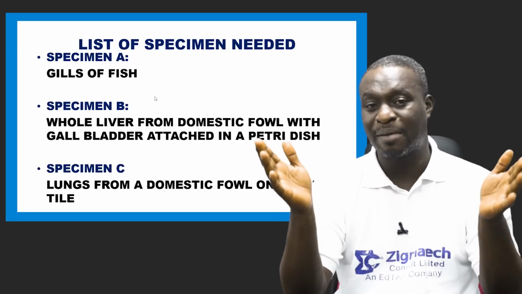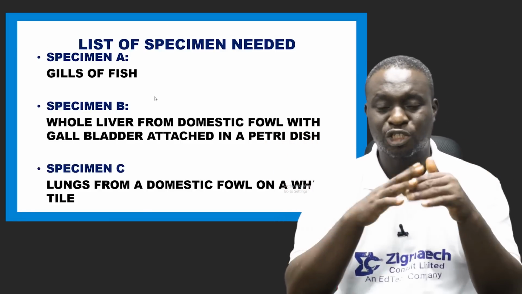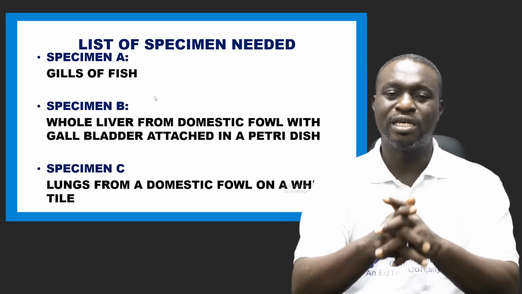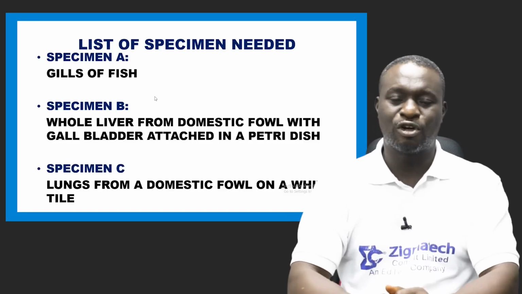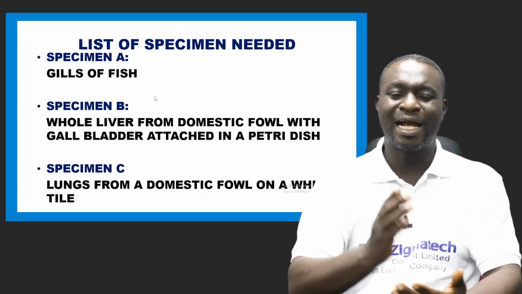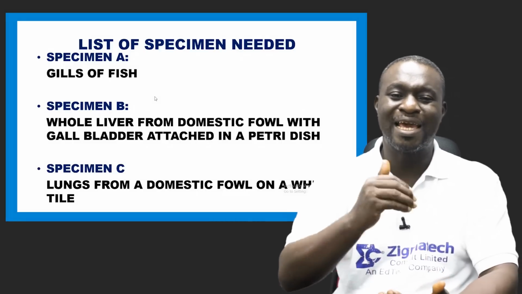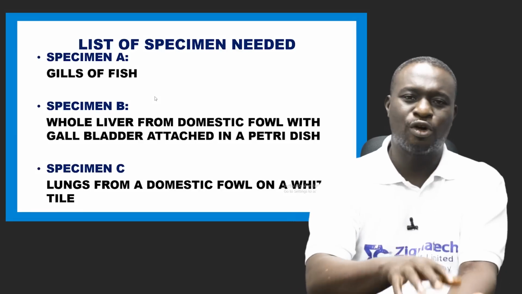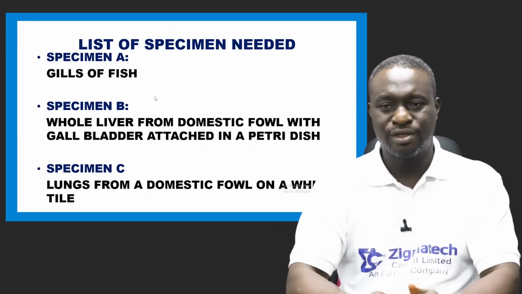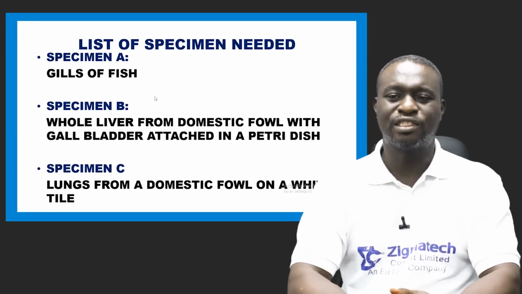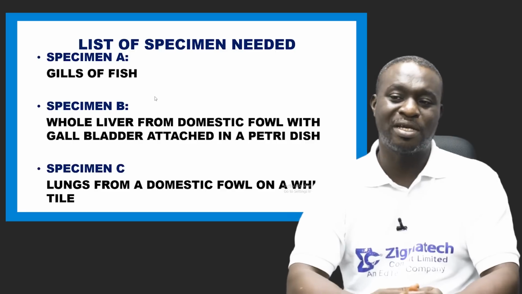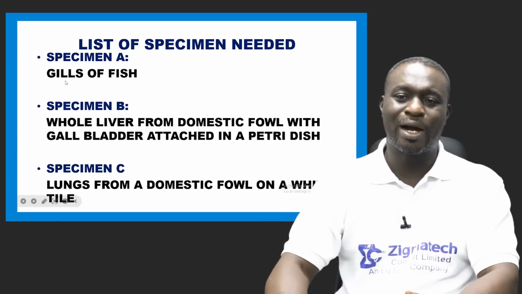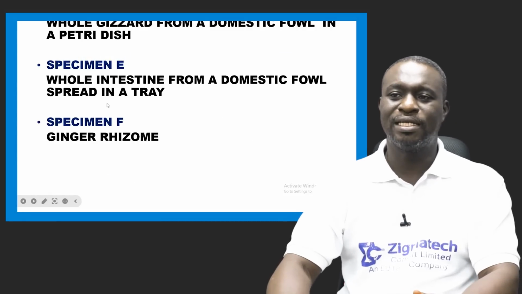It's not the gills of tilapia or mackerel or any other kind of fish, just the gills of a fish. Specimen B is a whole liver from a domestic fowl with the gallbladder attached, in a petri dish. It must be carried on a petri dish. Specimen C is the lungs from the same domestic fowl, kept on a white tile.